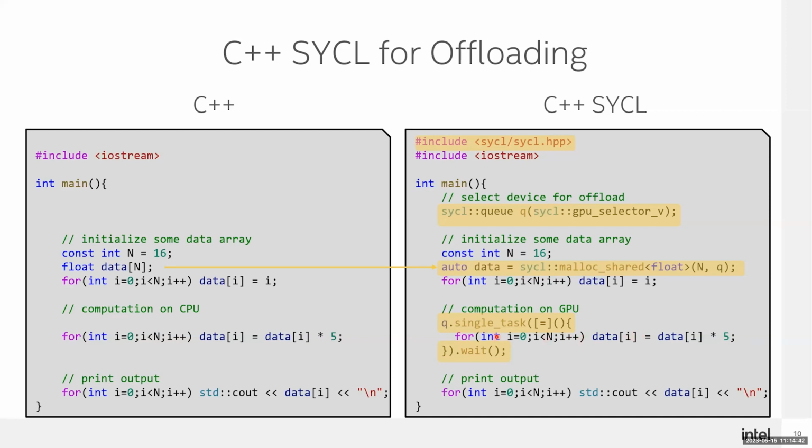So when you execute, two things are happening since this is accessing data that's actually on the host. First, this data gets copied over to the GPU, and then the computation is done. And then when it comes to printing out the result on the host, again, it notices that the data is now on the GPU. So an actual transfer happens here, and then the result is printed out.